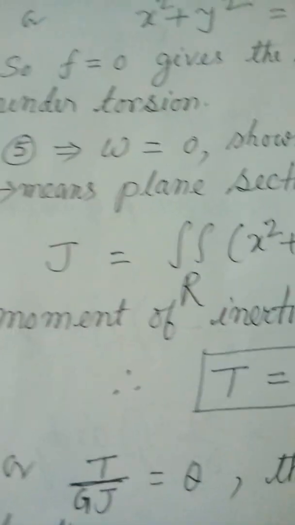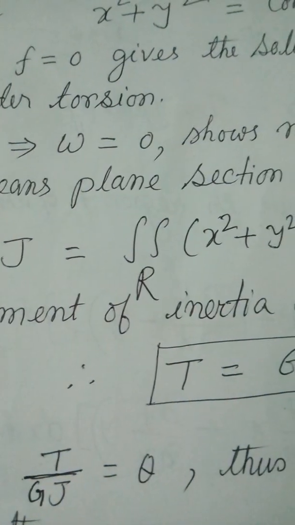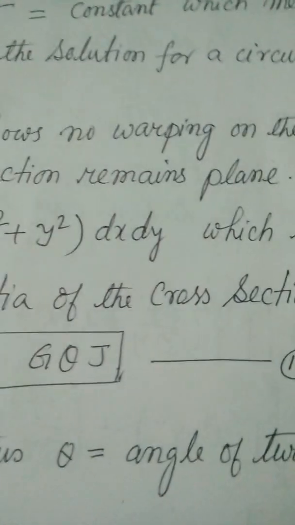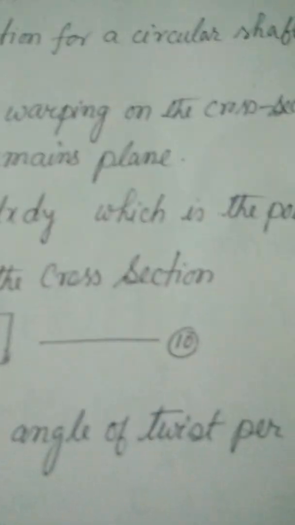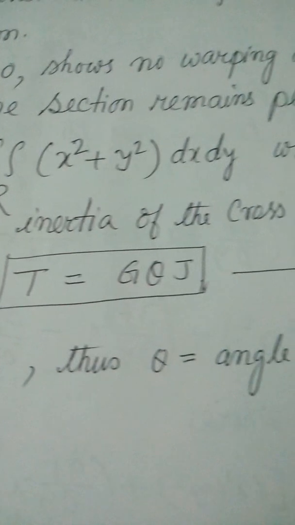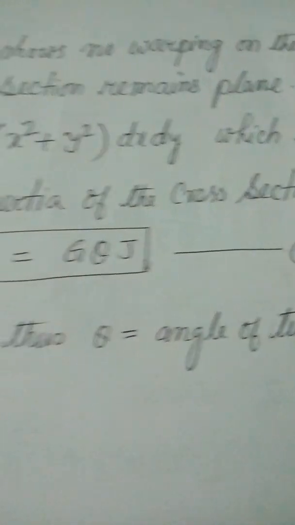under torsion. Then from 5, w is equal to 0 shows no warping on the cross section. So plane section means plane section remains plane before and after torsion.